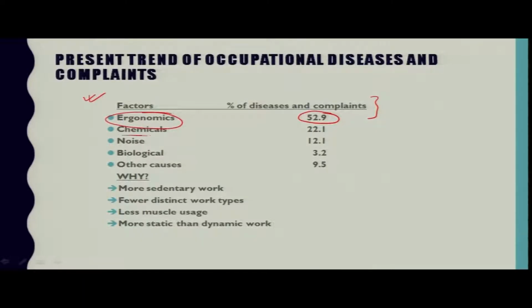There are various chemical factors in industries, having about 22% of diseases and complaints. Noise factors are around 12%. Biological factors are approximately 3%, and other causes are around 9.5%.